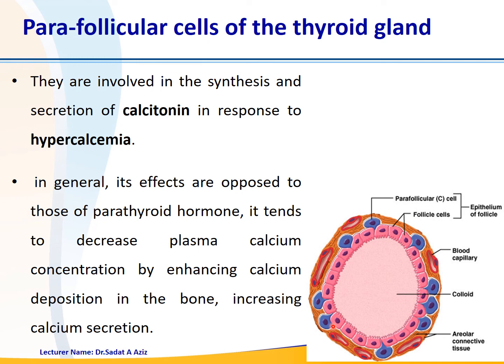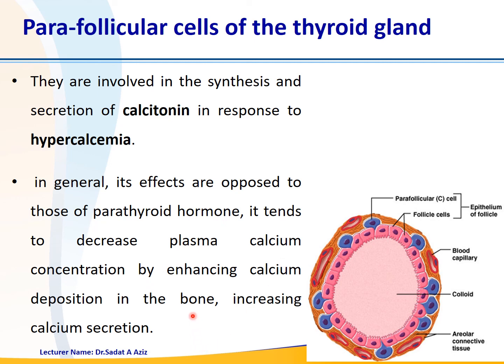Hypercalcemia. Parathyroid hormone is released in the case of hypocalcemia, but calcitonin is released by the parafollicular cells in response to what? Hypercalcemia, when there is an increase in the level of calcium within the blood. In general, it decreases the plasma calcium concentration by enhancing calcium deposition in the bone.